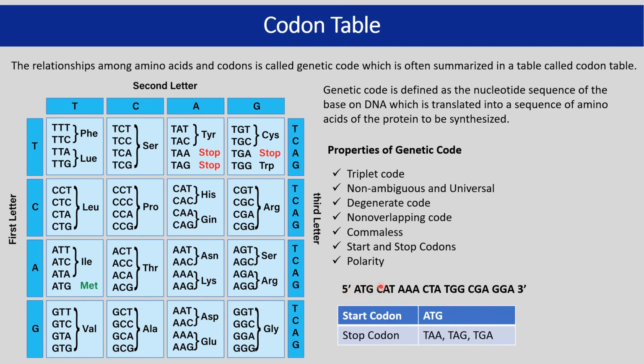Each of them represents a codon and there cannot be any other nucleotide in between them. So we have a defined start codon and defined stop codons. ATG is always the start codon, and TAA, TAG and TGA are the stop codons.